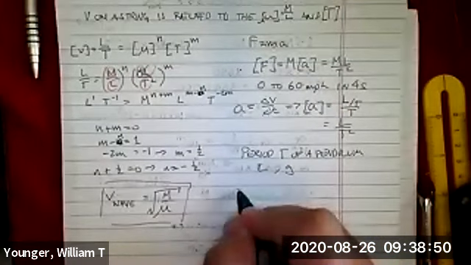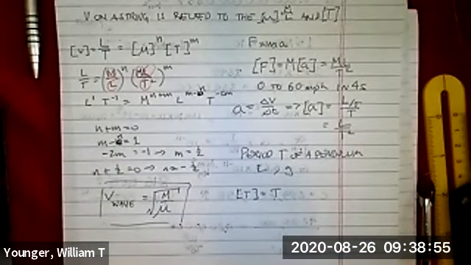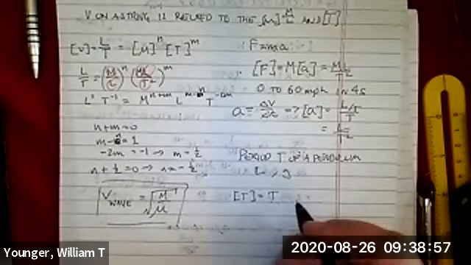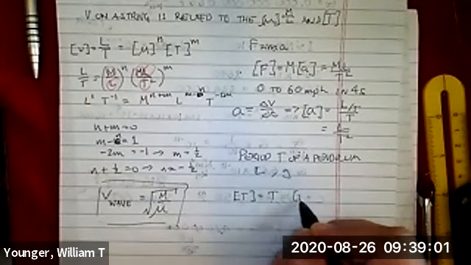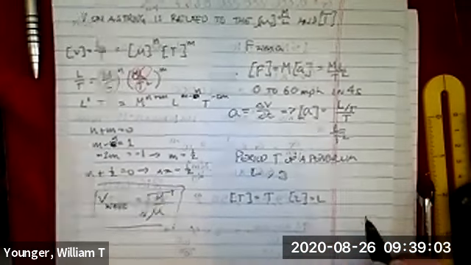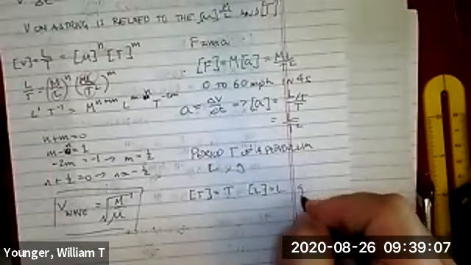So the period of the pendulum, T, has dimensions just plain T. Obviously the length has dimensions of just length, and gravitational acceleration is an acceleration, so the dimensions of gravitational acceleration is just L over T squared, like we worked out here.